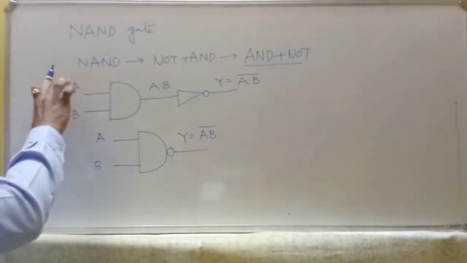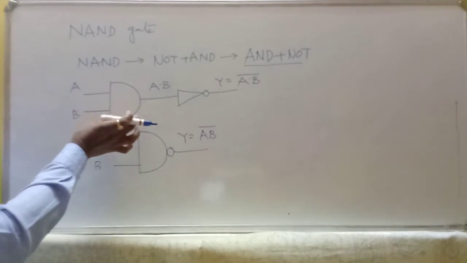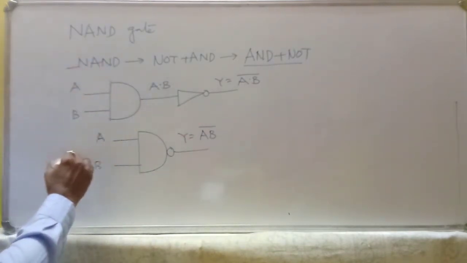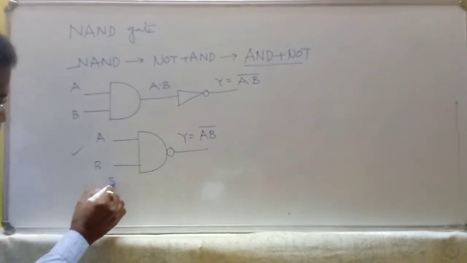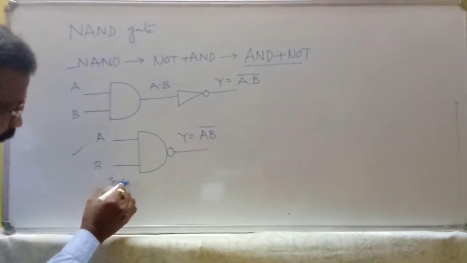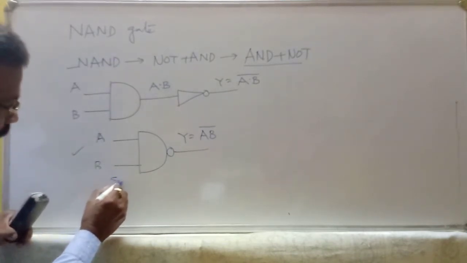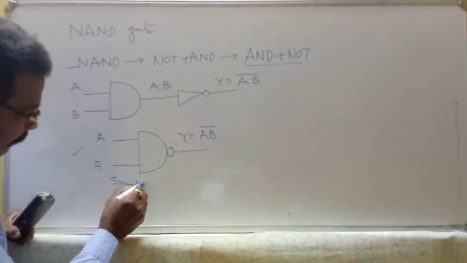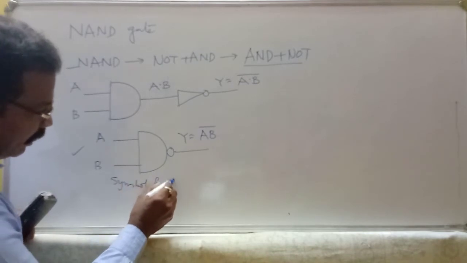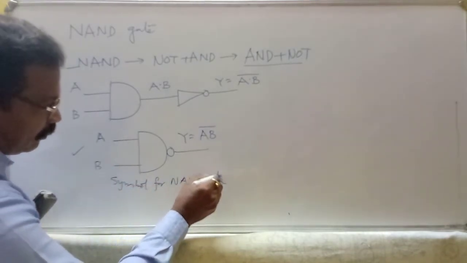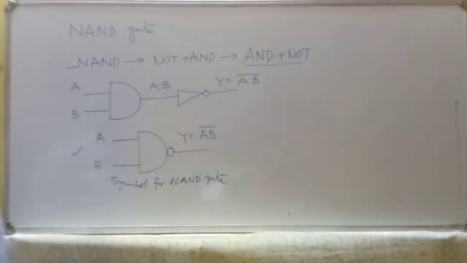This is the circuit of the NAND gate. It is a combination of AND gate and NOT gate, and it can be symbolically represented like this. This is the symbol for the NAND gate.